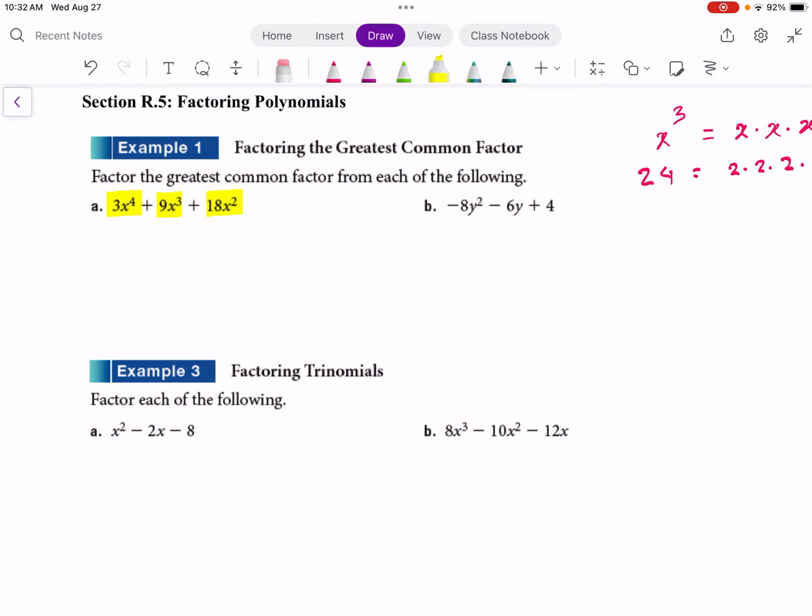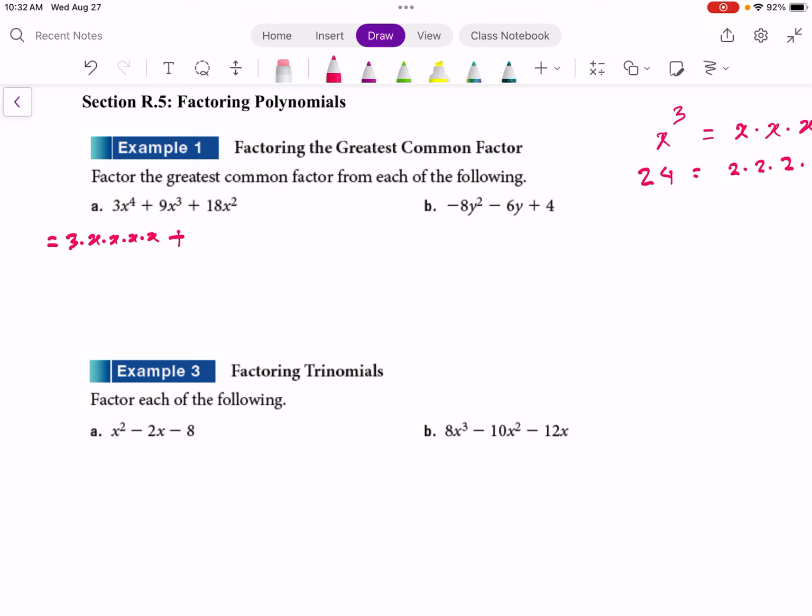Do you all see 3x squared as a common factor? Now, if you can't see, what we can do is rewrite each term in a factor form. So we have 3x to the power 4, that is 3 times x times x times x times x. Now we have 9x cubed.